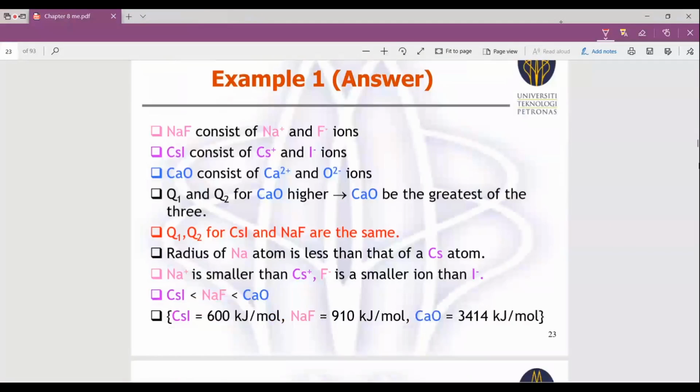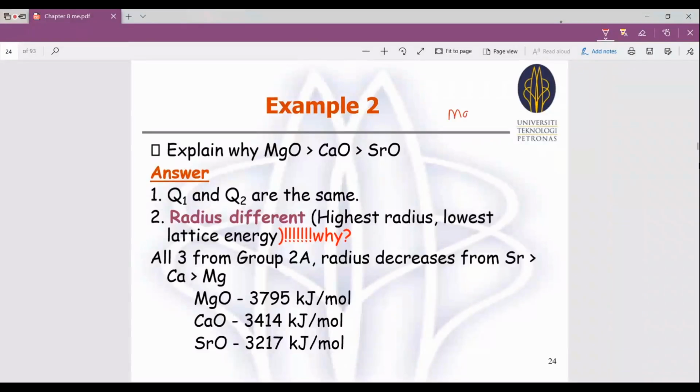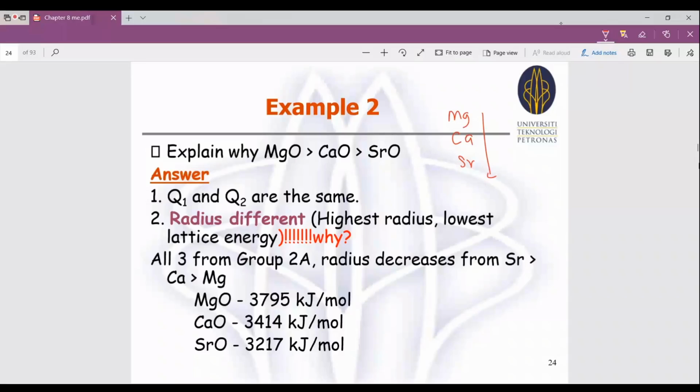Okay, so the next example: explain why Mg is greater than Ca, greater than Sr. Magnesium, calcium, strontium. So down the group, atomic radius is increasing, lattice energy is decreasing.